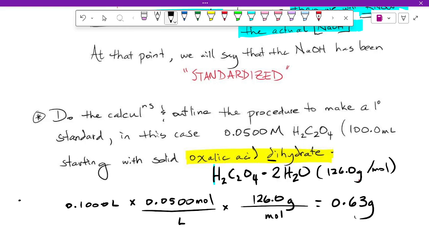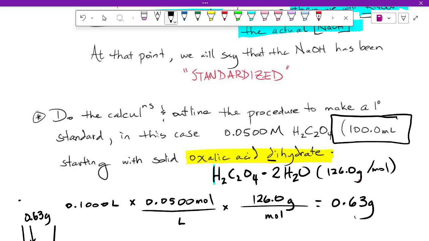Did you guys get 0.63? Excellent. What would you do with that to make 100 milliliters of solution, starting with the solid? So you've got this solid, and presumably you've measured it out in maybe a beaker. What are you going to do with it?